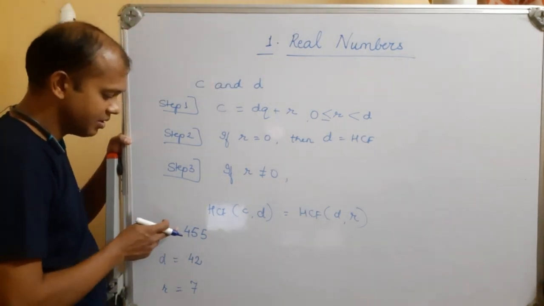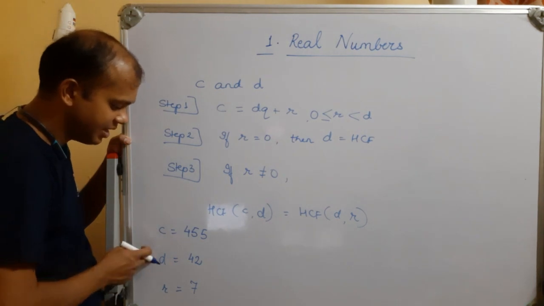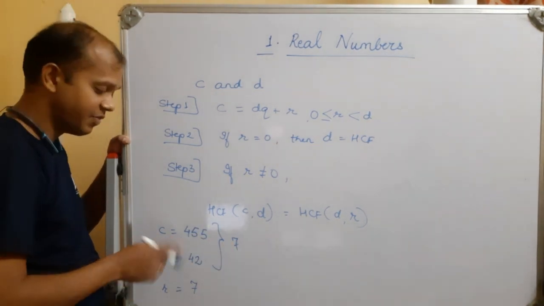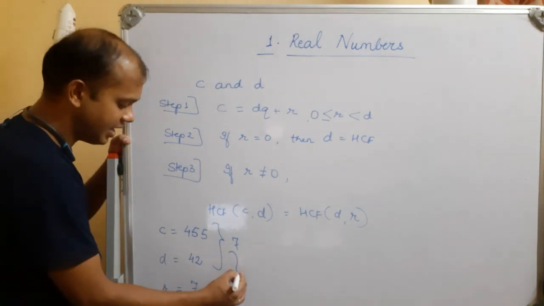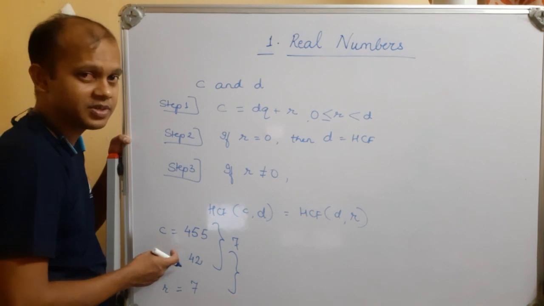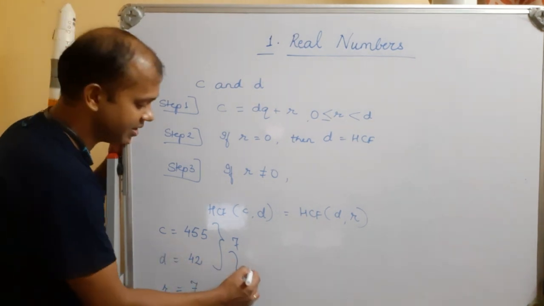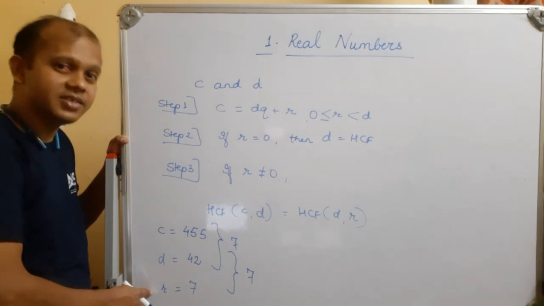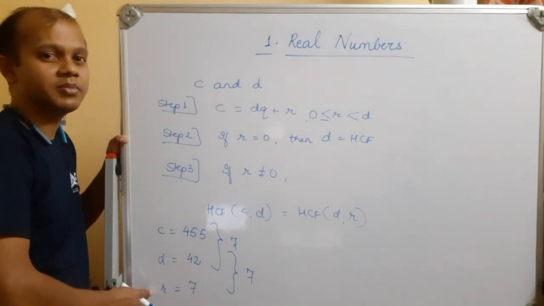So the HCF of C and D, we have found to be 7. And if you find the HCF of D and R, obviously you can see that 7 sixes are 42, and 7 is the only common factor. So 7 is the HCF of D and R as well. And this is why Euclid's division algorithm works.